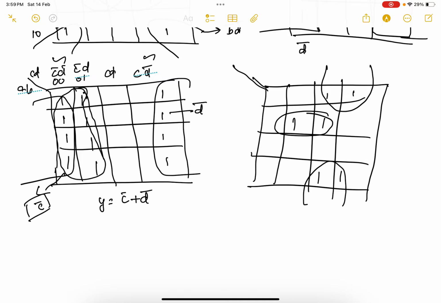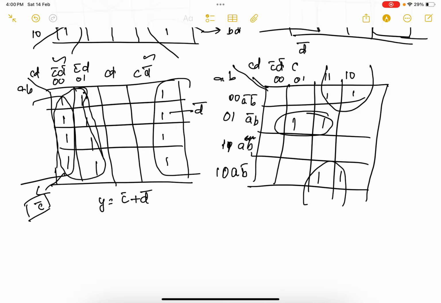For this pair, for example, AB, CD: 0 0, 0 1, 1 0, 1 1, which means A bar B bar, or A bar B, then A B bar, sorry, this is 1 1 and 1 0, so this will be AB and A B bar. Here also 0 0, 0 1, 1 1 and 1 0: C bar D bar, C bar D, C D and C D bar. So for this pair, the answer will be A bar B.